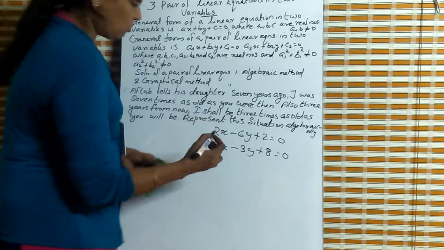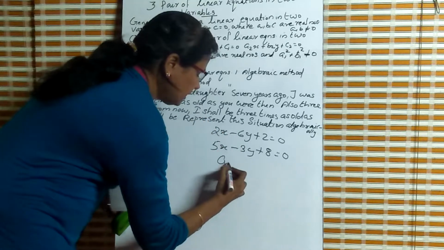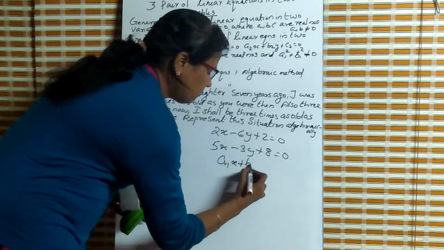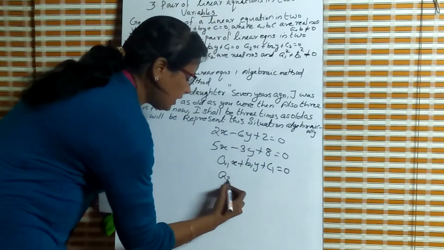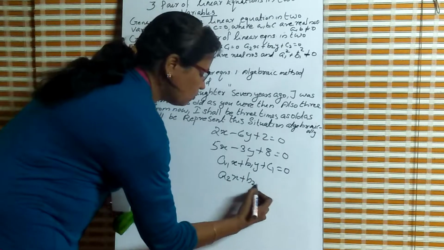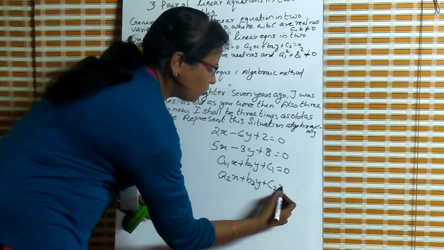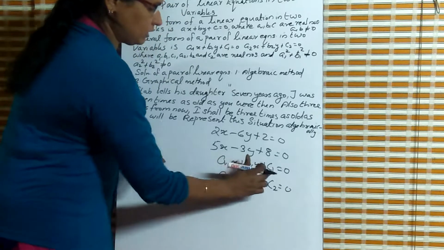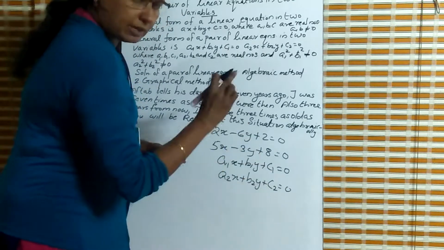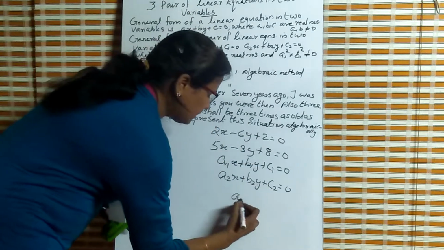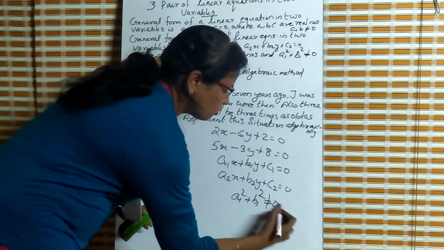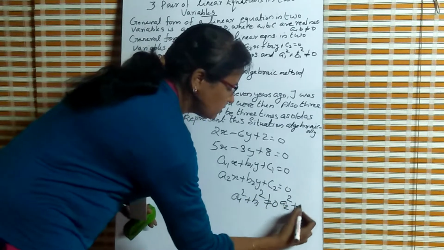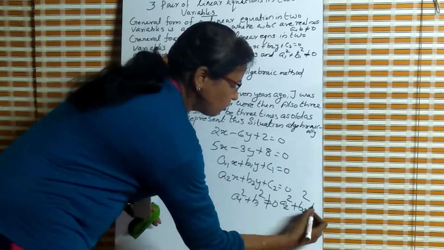What is the general form of this pair? a1x plus b1y plus c1 is equal to 0 and a2x plus b2y plus c2 is equal to 0, where a1, b1, c1, a2, b2, c2 are real numbers and one condition: a1 square plus b1 square not equal to 0, a2 square plus b2 square not equal to 0.